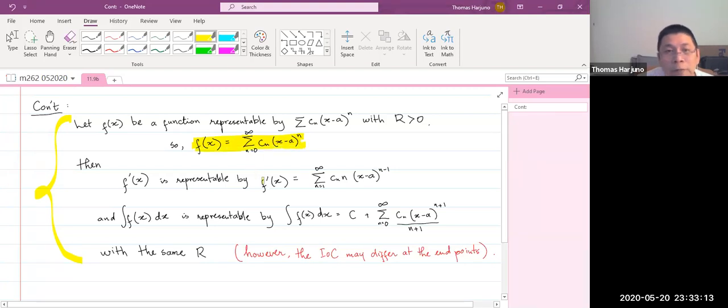Then the first derivative can be represented by the term-by-term derivative of that series.